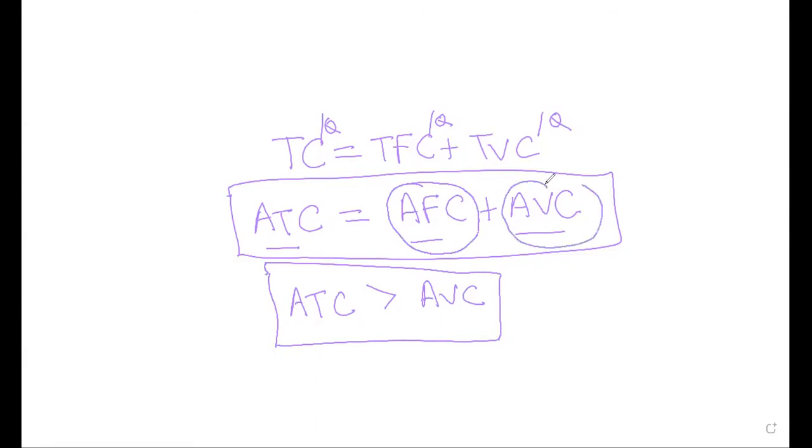Average total cost is the sum total of these two. Okay, average fixed cost will never be zero, so average total cost will always be above average variable cost, right? Yes, sir. Okay, lovely. Now the next thing that we want to know is what is marginal cost?